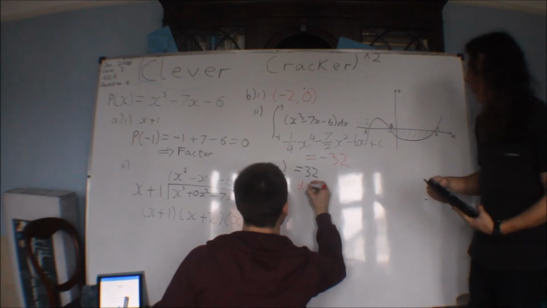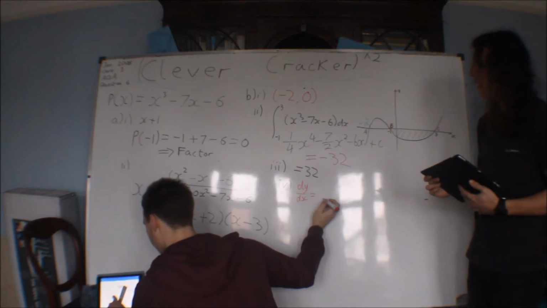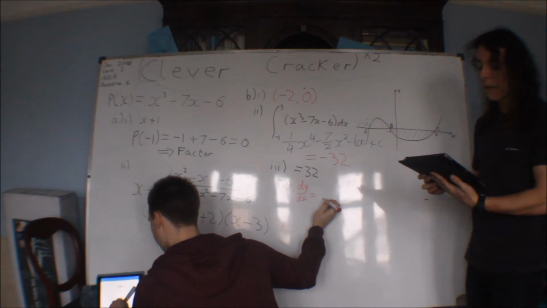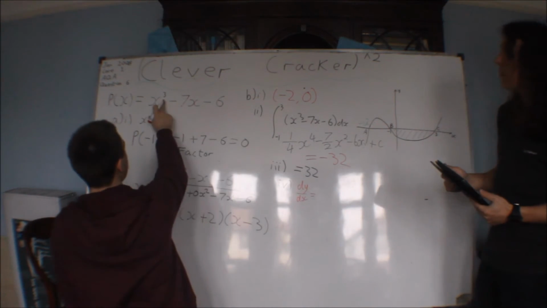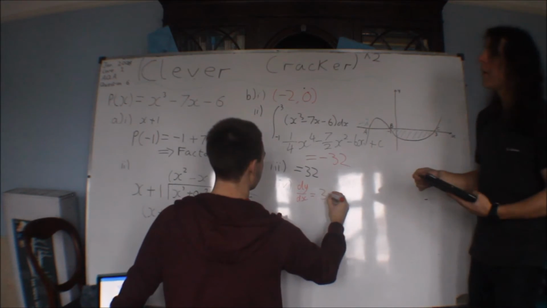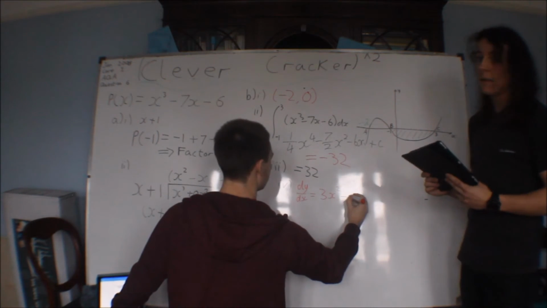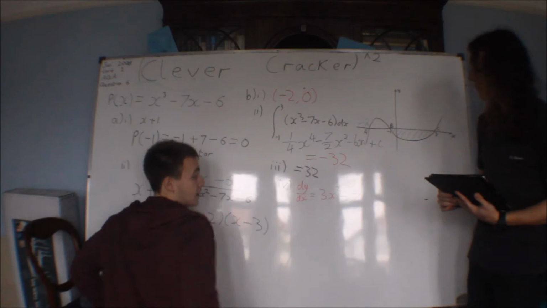So dy by dx. It's good to write down what you are doing so you get marks even if you make a mess up arithmetically, which is most common in Core 1 because it's a non-calculator paper. So I'm differentiating that. You times the coefficient by the power and reduce the power by 1. So we're going to have 3x squared minus 7, and the 6 will disappear because you're timesing by 0. But that's not all the question.